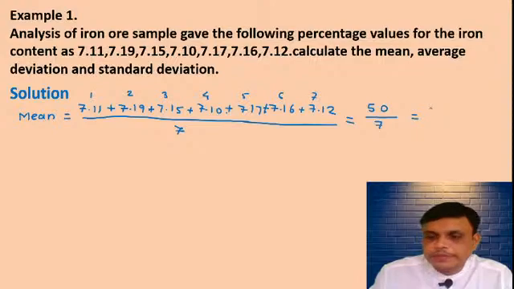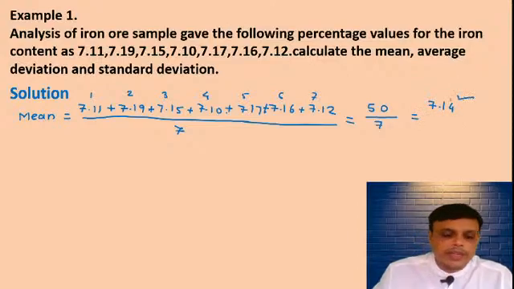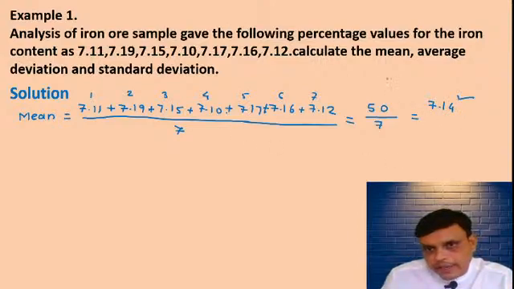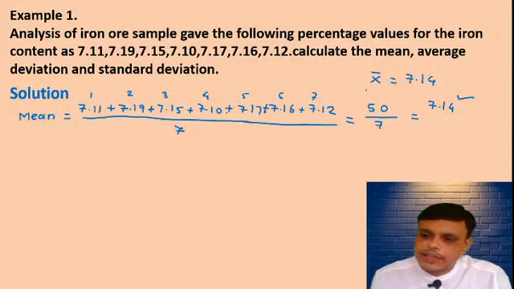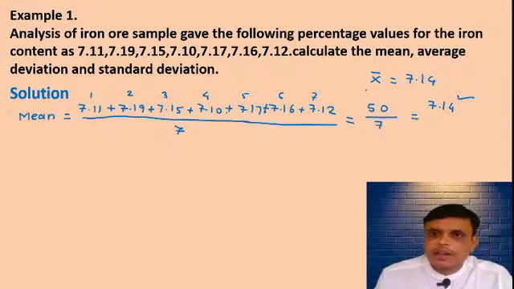Correct, Prajna. So your mean is this: x bar is equal to 7.14. Correct. Very good. All are answering now.